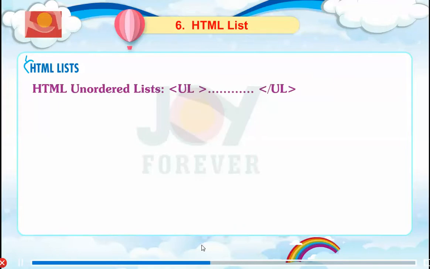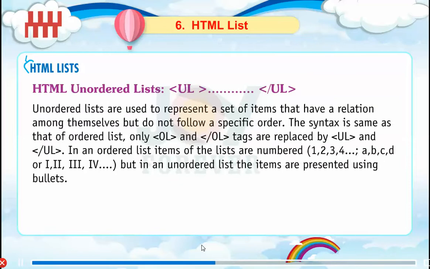HTML unordered lists. UL and /UL. Unordered lists are used to represent a set of items that have a relation amongst themselves but do not follow a specific order. The syntax is the same as that of an ordered list, only the OL and /OL tags are replaced by UL and /UL.